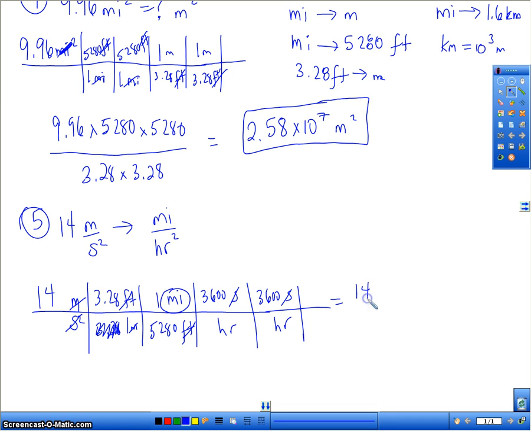So I have 14 times 3.28 times 3,600 times 3,600, all divided by 5,280. That's what's on the bottom. So I multiply that out, and you get 1.13 times 10 to the 5th miles per hour squared.